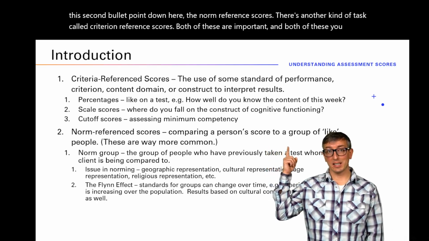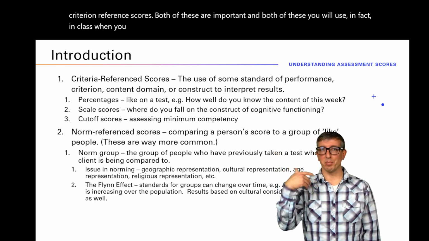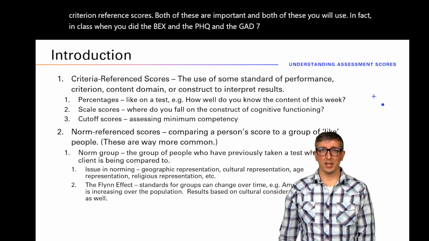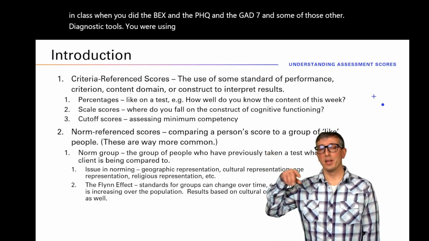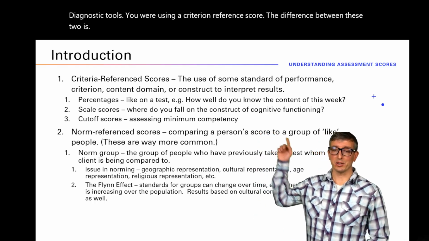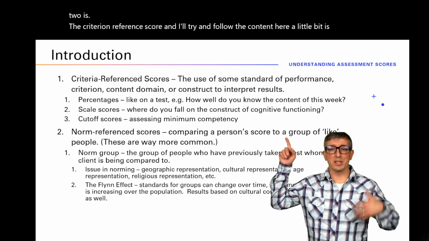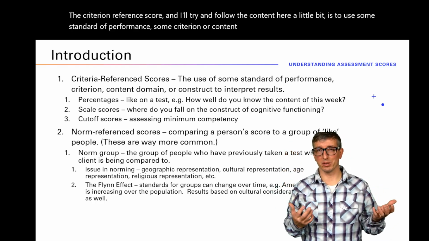In fact, in class, when you did the BECS and the PHQ and the GAD-7 and some of those other diagnostic tools, you were using a criterion reference score. The difference between these two is that a criterion reference score uses some standard of performance, some criterion or content domain or construct to interpret the results.